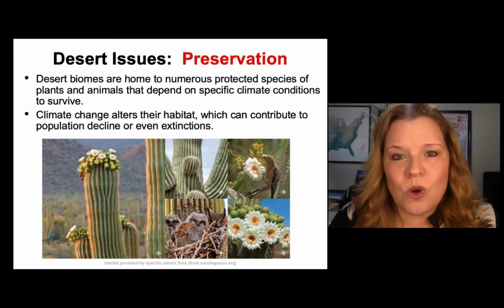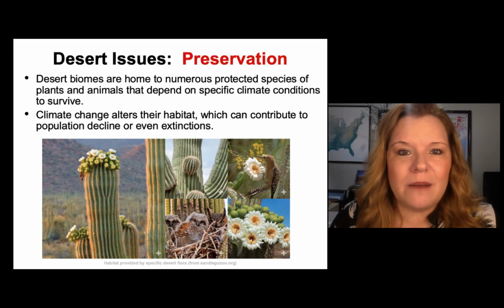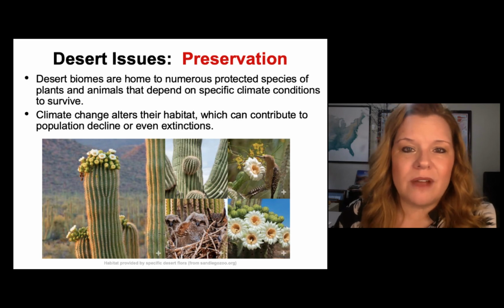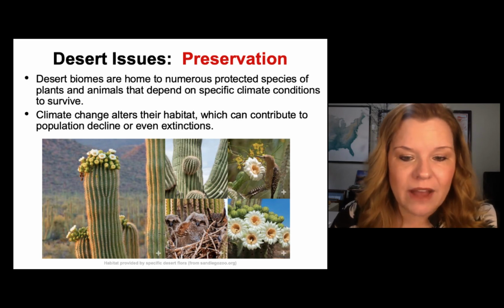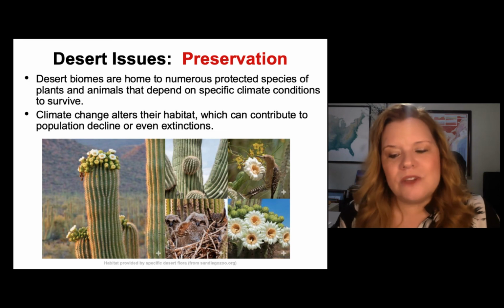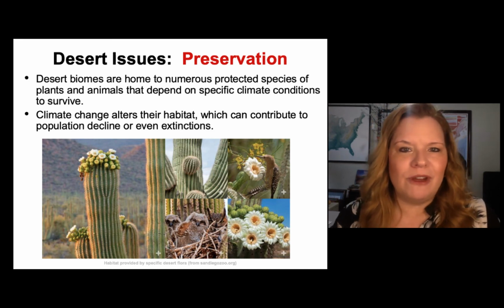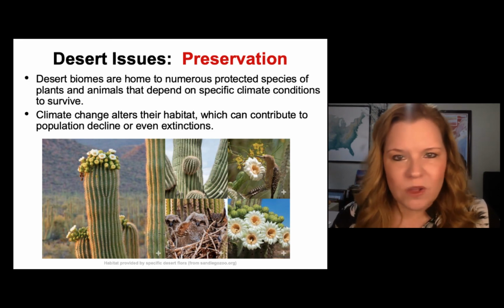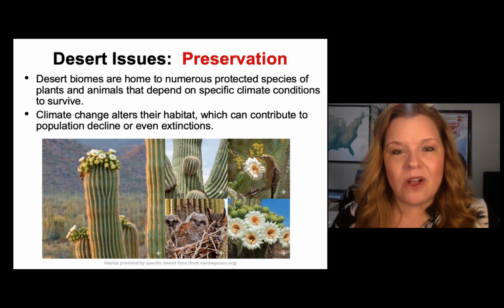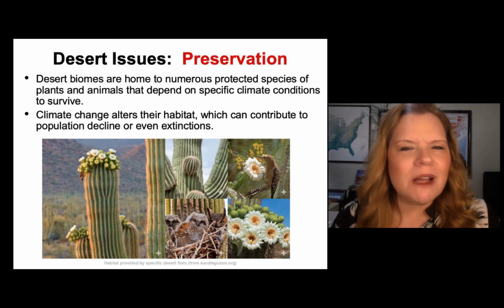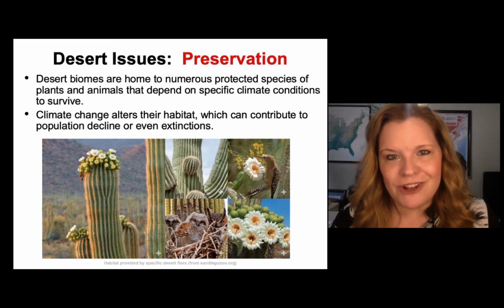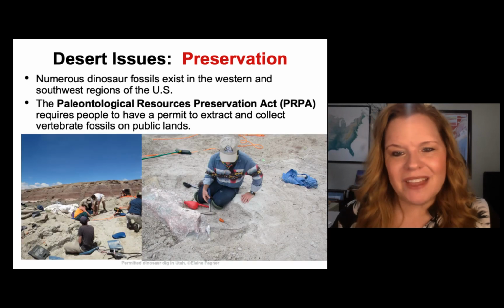As temperatures warm, these animals may not be able to survive if there's not enough water or there's not enough things like cacti, saguaro cacti for them to live in. So think about how that relates to a whole ecosystem dependent on what happens in this environment, much like the ecosystem we talked about in glaciers for the Arctic.